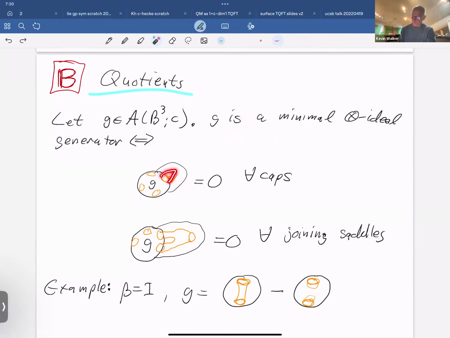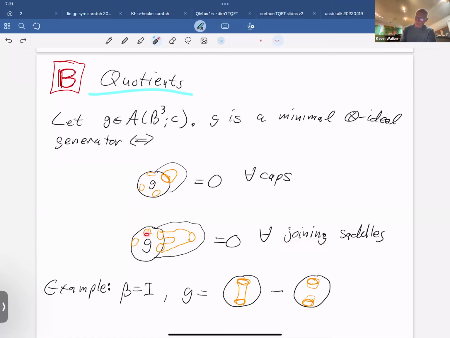Here we can cap off a single boundary component if it's an innermost circle, but we can also do a saddle that reduces the number of circles, and both of those simplify the boundary. And so if this is a minimal generator, we know that this linear combination better be equal to 0 for all caps and for all saddles.